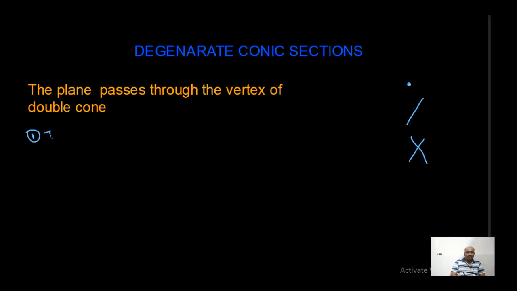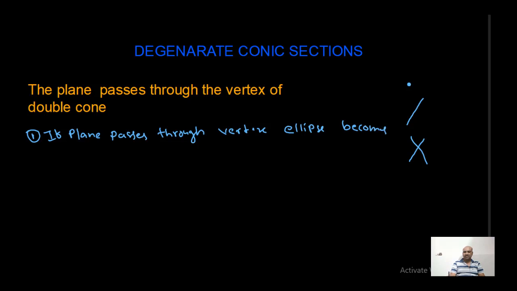If the plane passes through the vertex, the ellipse becomes a point.